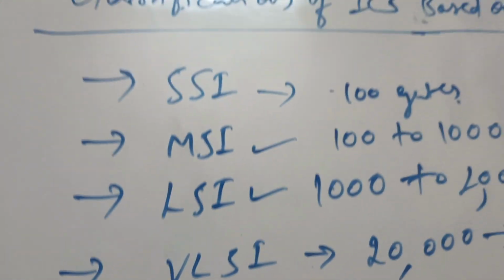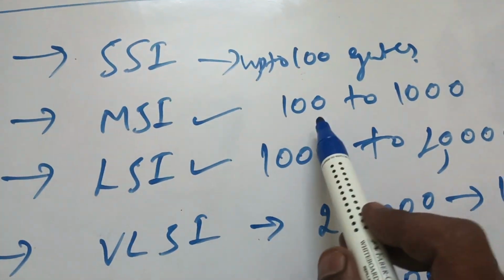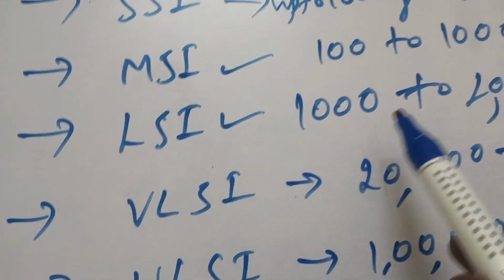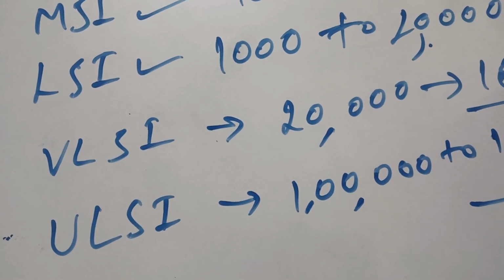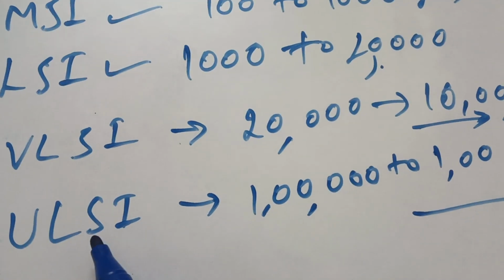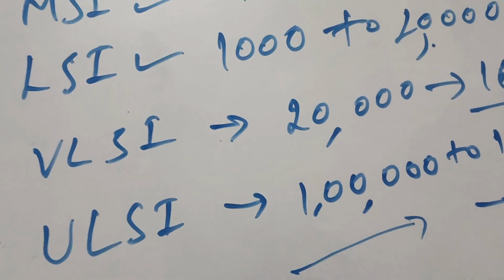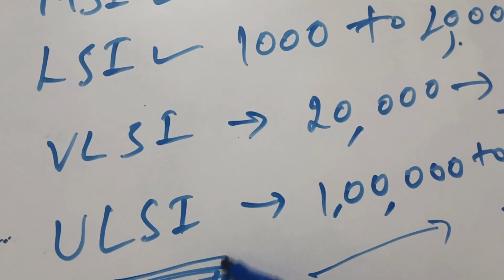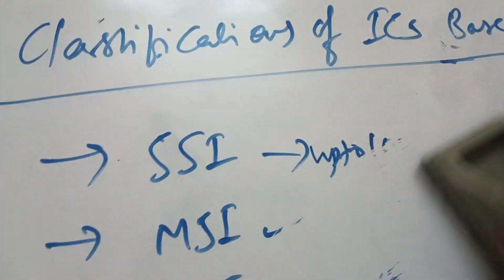This is very important. SSI up to 100 gates, MSI 100 to 1000 gates, LSI 1000 to 20,000 gates, VLSI 20,000 to 1 lakh, ULSI 1 lakh to 1 crore. It depends on the application where we are using it. Based on that, as per our requirement, we have to use the ICs.